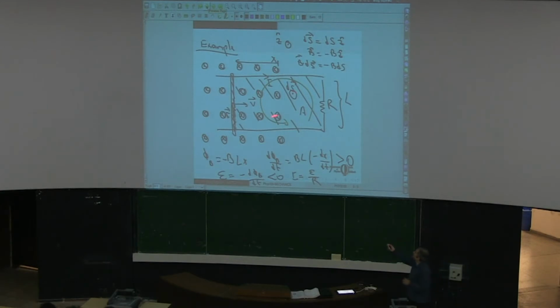So the current should be such that the force acting on this rod should be in the opposite direction. So if this is the current, what is the direction of the force acting on this rod? In the left-hand side. So the force acting on this rod will be in the opposite direction, and hence it will reduce this effect. This current will reduce this effect.